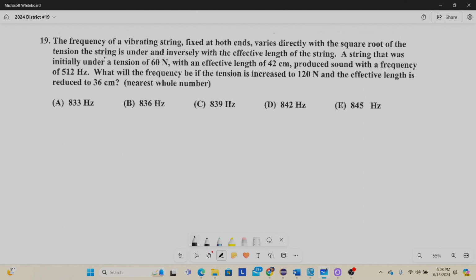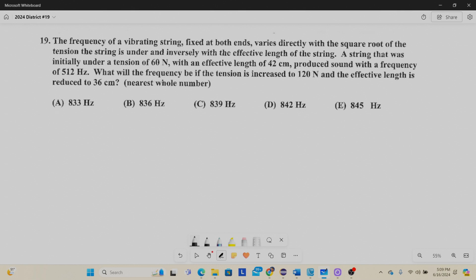So 2024 district number 19 says, the frequency of a vibrating string fixed at both ends varies directly with the square root of the tension the string is under and inversely with the effective length of the string. A string that was initially under a tension of 60 newtons with an effective length of 42 centimeters produced sound with a frequency of 512 hertz.